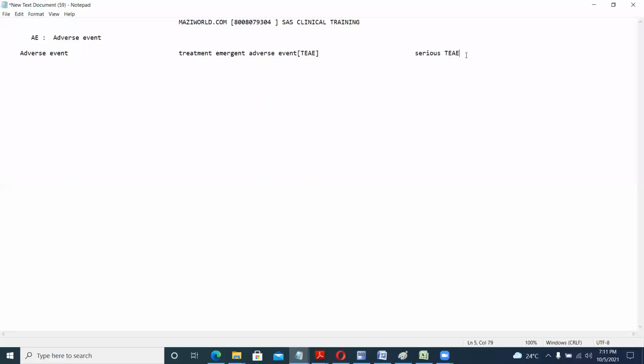So first we'll try to understand this one. What is the difference between these three? You need to get a complete picture on this one.